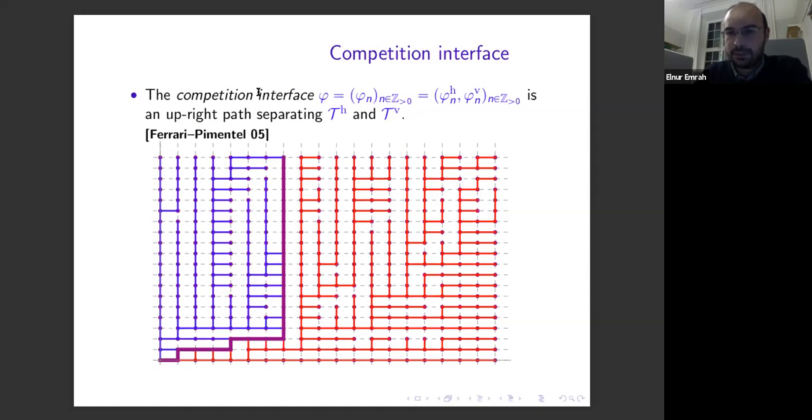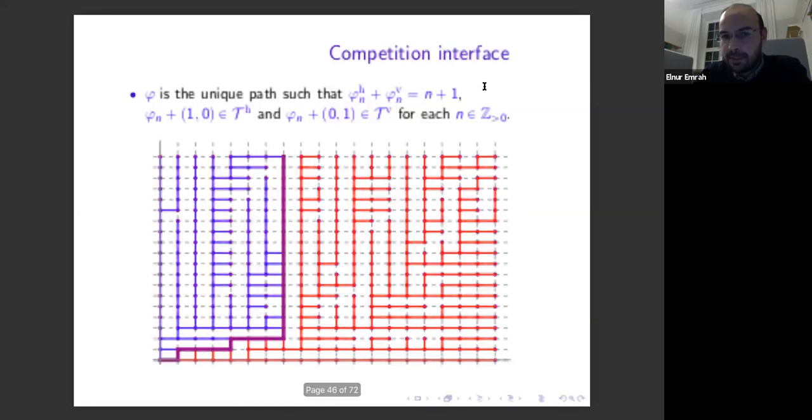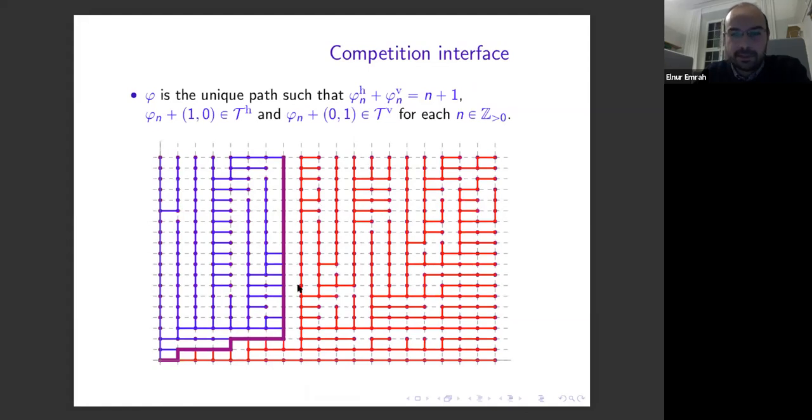This is a notion introduced by Pablo Ferrari and Leandro Pimentel. So it's a lattice path phi_n, and I'll denote its coordinates by phi_n^h and phi_n^v. This is an upright path that can be described precisely like this. So the endpoint on the path lies on the anti-diagonal at level m+1.